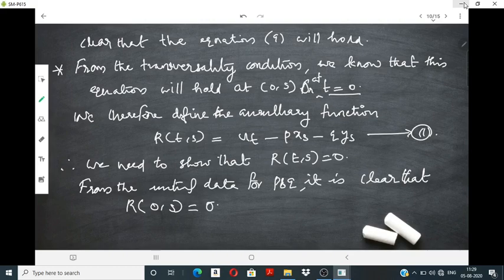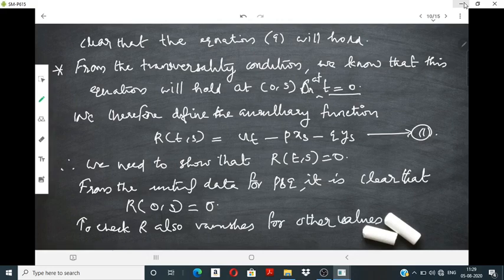That means r of 0 is equal to 0. To check that r also vanishes for other values of t, we compute the derivative of r with respect to t.